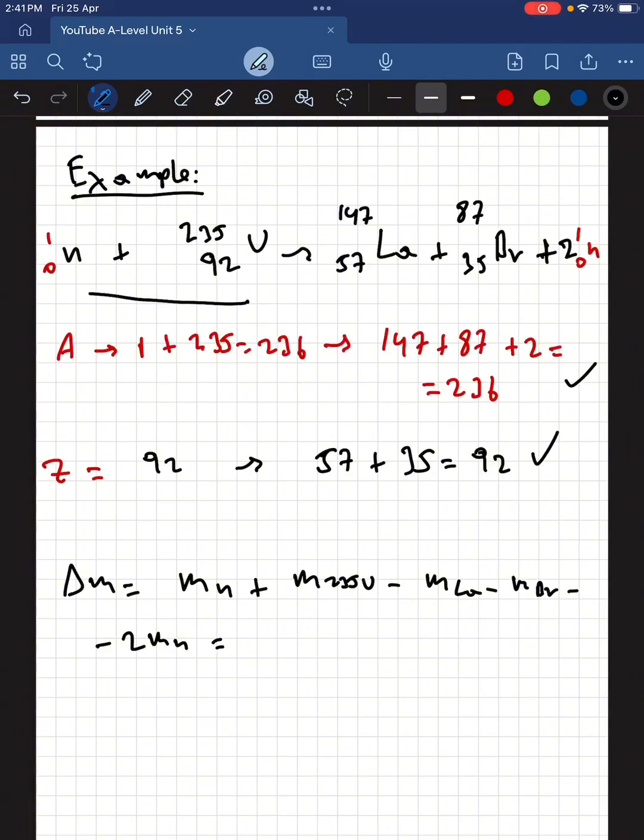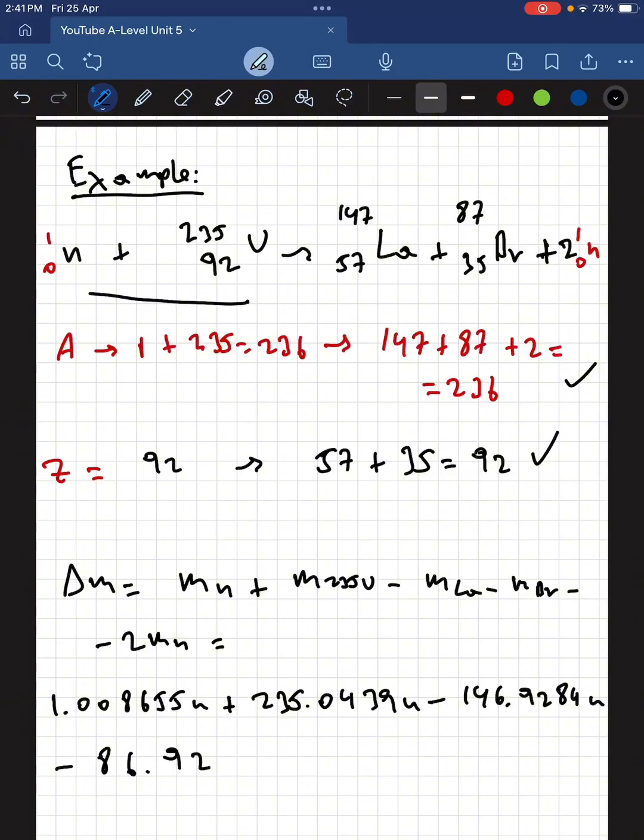So for the neutron, we have 1.008655 atomic mass units, plus the atomic mass of uranium-235 is 235.0439 atomic mass units, minus for lanthanum, we have 146.9284 atomic mass units, minus the bromium mass, 86.9 something U, minus 2 times 1.008655 U for the 2 neutrons.